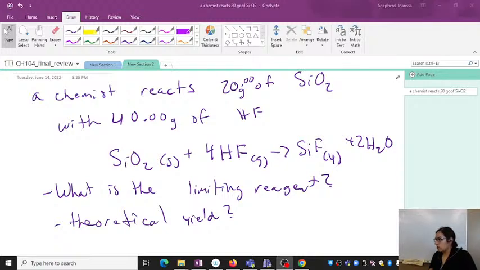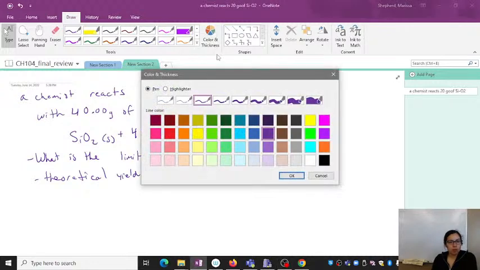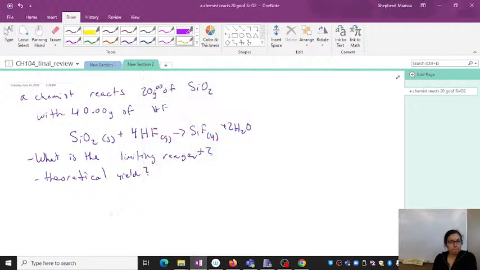Did we get to an answer yet? So let's see how it's going. So what's our first step? So finding moles.